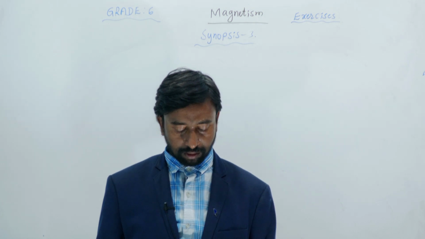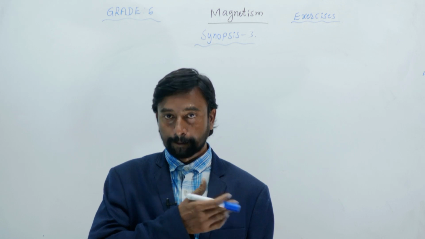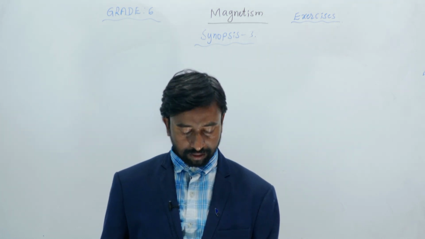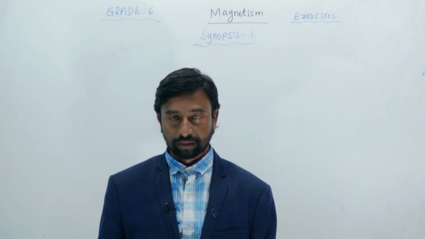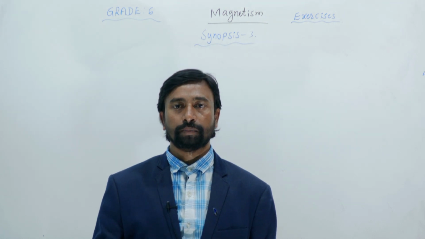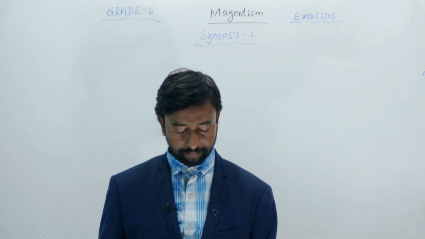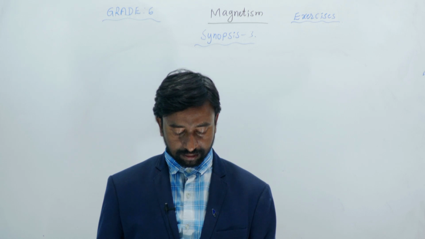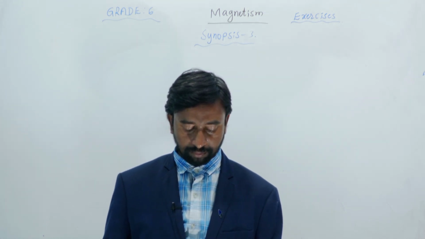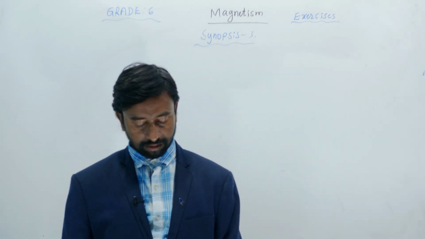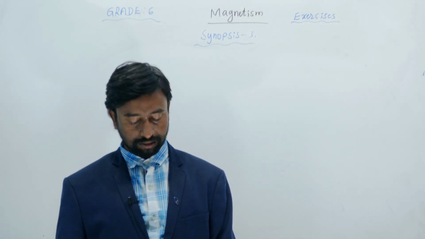And the fifth one is given there: metal scrap contains steel. Already we have discussed this in the last synopsis. Steel, nickel and iron, copper can be separated. The magnetic materials can be separated by a strong magnet. If a bar magnet is heated strongly, then the magnetic strength will decrease.